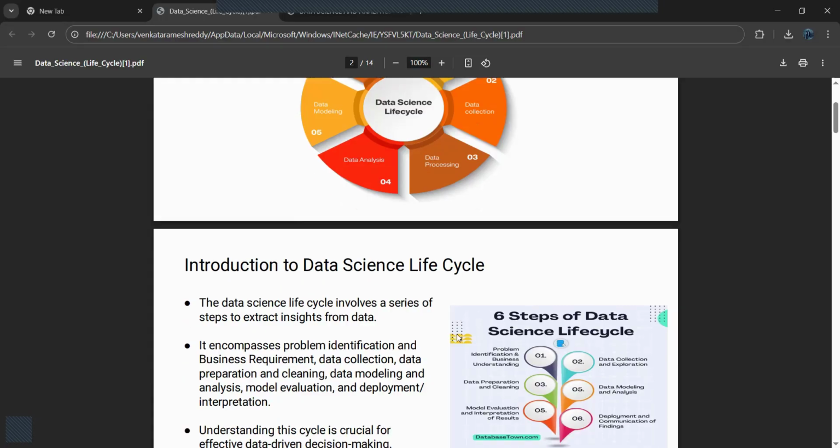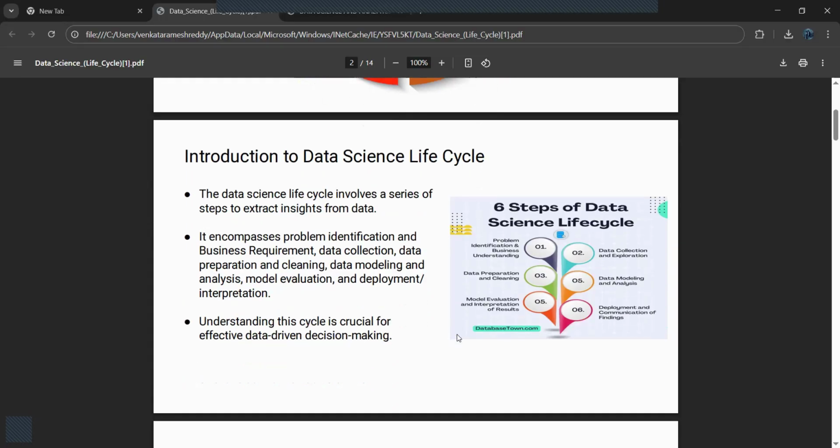So, introduction to the data science life cycle. The data science life cycle involves a series of steps to extract insights from the data. If you want to extract any insight from the data, there is a series of steps in which you need to extract useful information from the data.